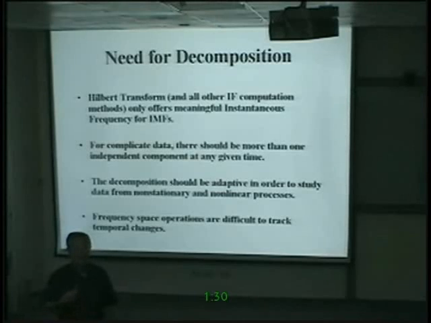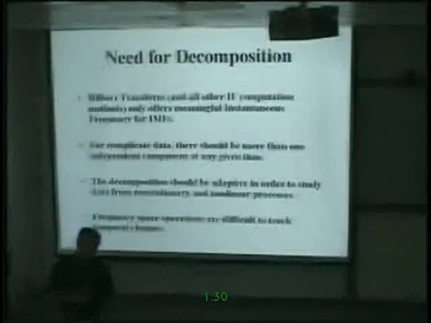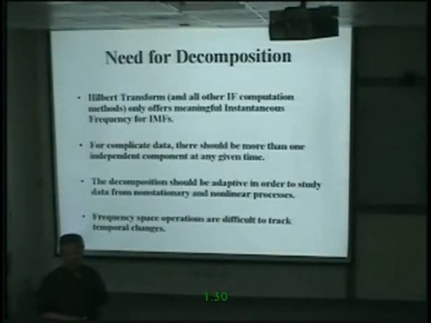I think both of them are arguing for nothing because I don't think any of their methods is any good anyway. But for complicated data, I don't believe you should find only one instantaneous frequency, because there are many independent components. So in the decomposition, we should get those independent components out. But that method has to be adaptive.